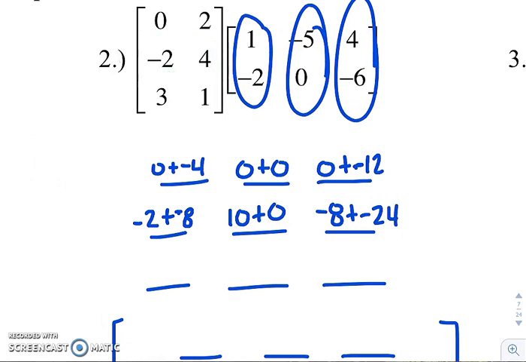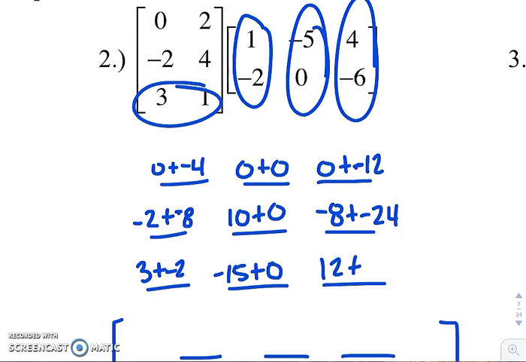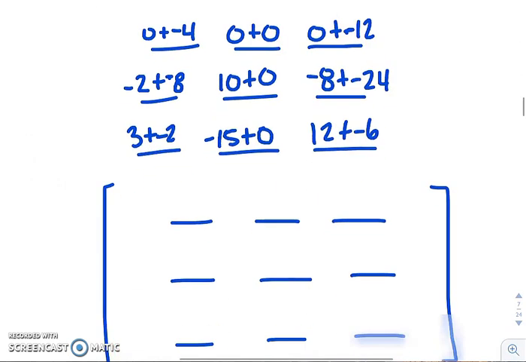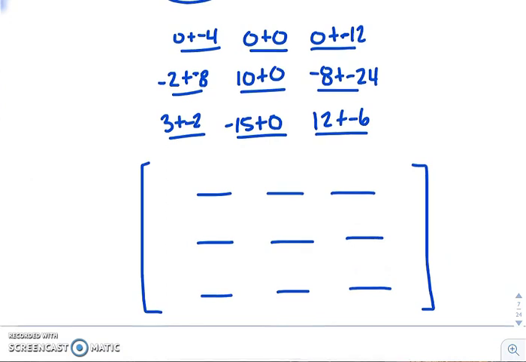And then your last row times all of those guys. 3 times 1 is 3. Plus 1 times negative 2, negative 2. 3 times negative 5, negative 15, plus 0. 3 times 4 is 12. 1 times negative 6, plus negative 6. So our new matrix will be 0 plus negative 4 is negative 4. 0, 0, 0.